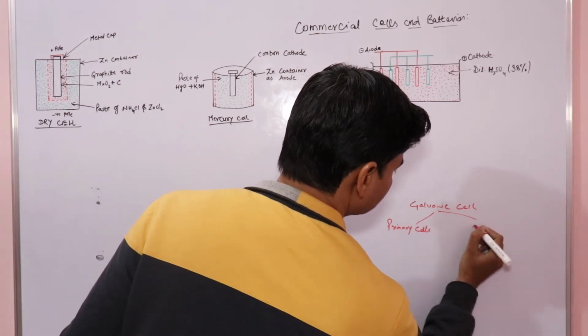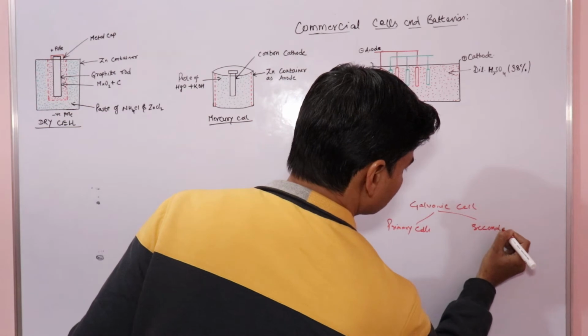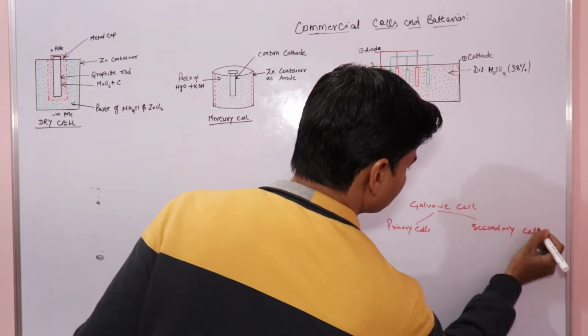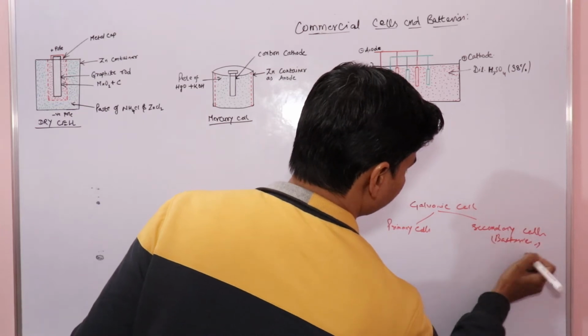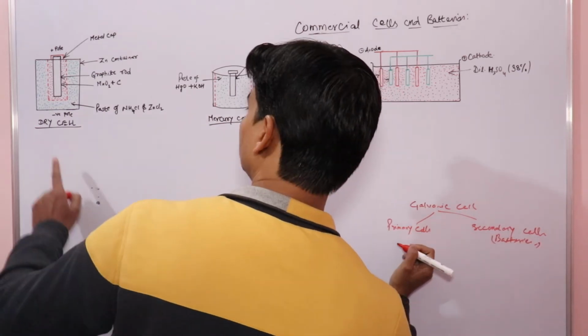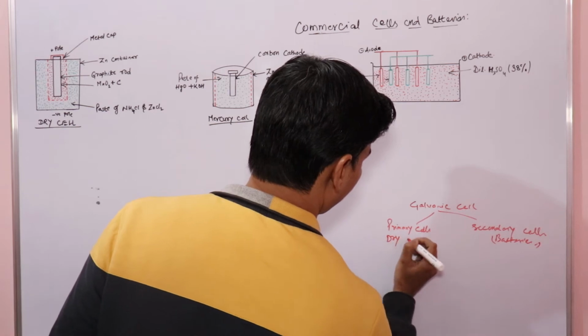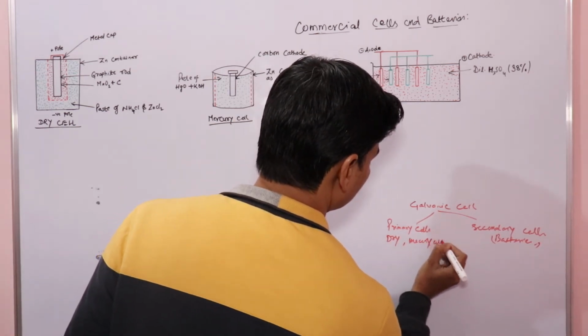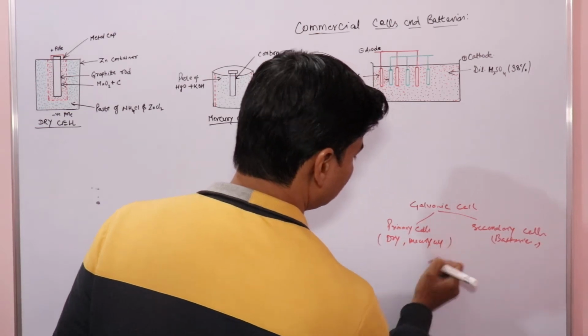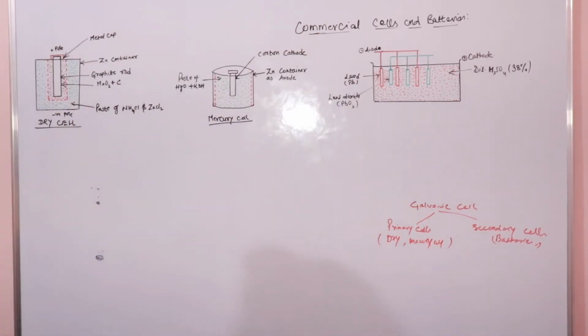The second is secondary cells. Batteries come under secondary cells, and this dry cell and your mercury cell come under primary cells.